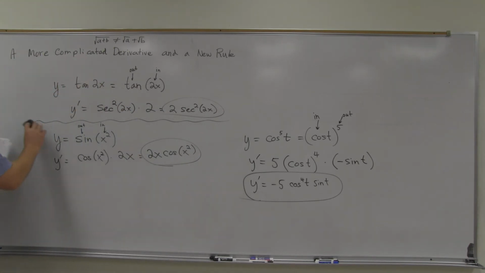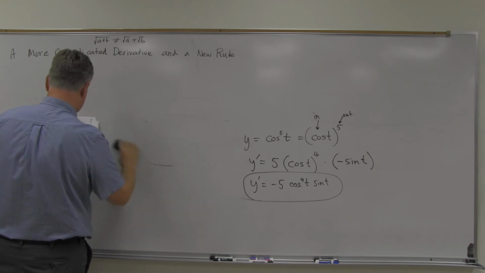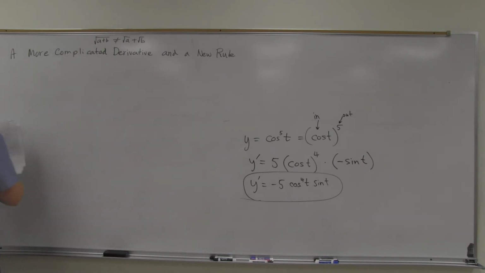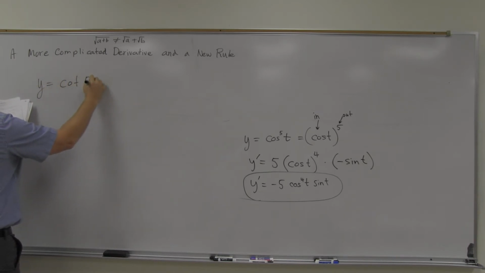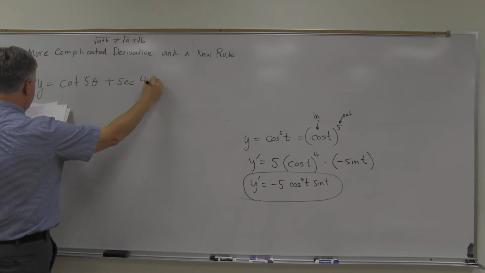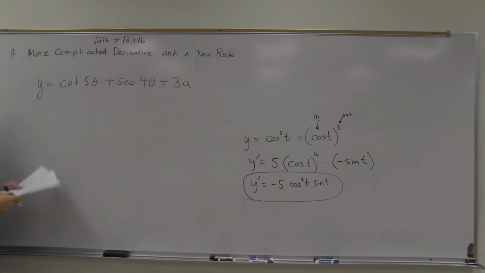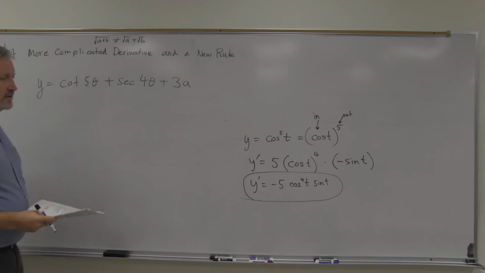All right, let's do one more of these similar. Let's say we got y equals cotangent 5 theta plus secant 4 theta plus 3a.